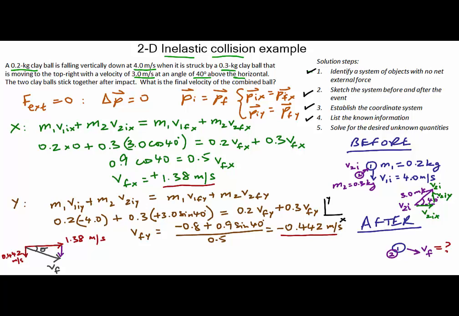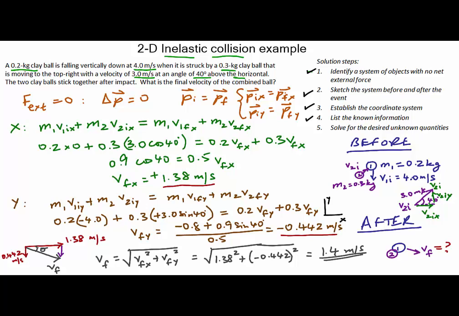So since I know these two sides, legs of the right angle triangle, the hypotenuse is simply the square root of the sum of the squares of the other two sides. So Vf would be square root of Vfx squared plus Vfy squared, which will give me square root of 1.38 squared plus the square of minus 0.442, and that gives me 1.4 meters per second down to 2 significant digits.